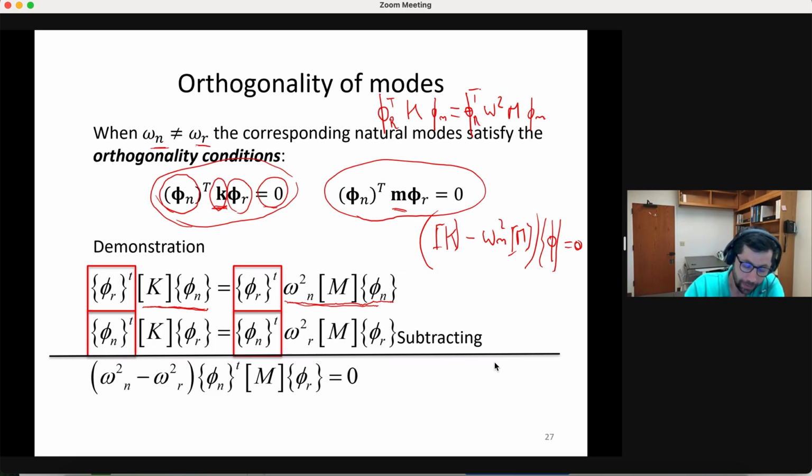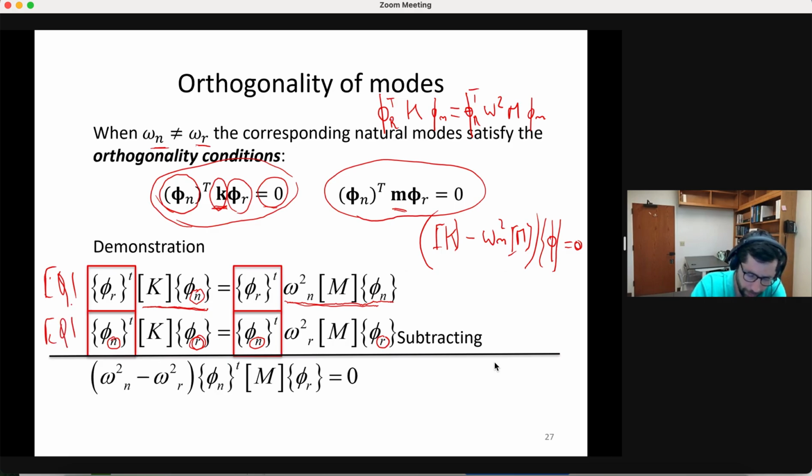I can perform the same operation for mode shape R. In this case, I pre-multiply times the transpose of mode shape N. So I have two equations, one obtained for mode shape N, the other one obtained for mode shape R. We have equation 1 and equation 2.